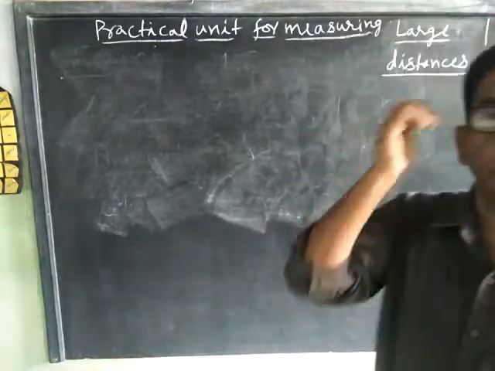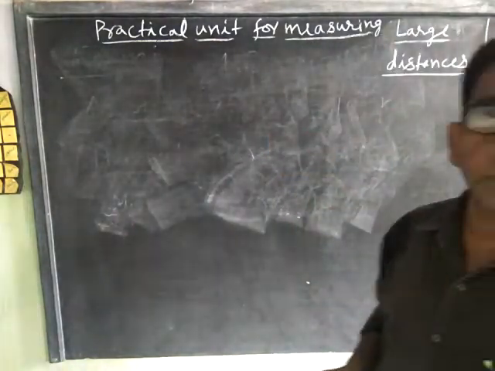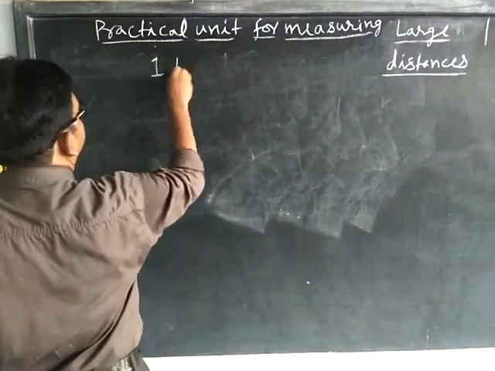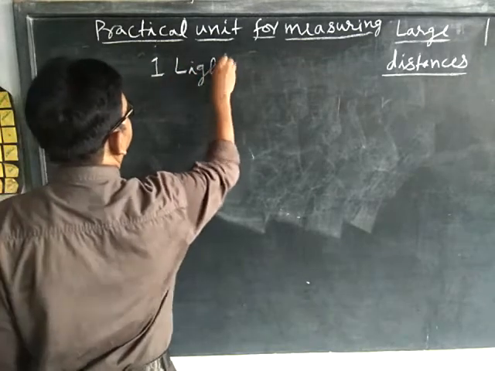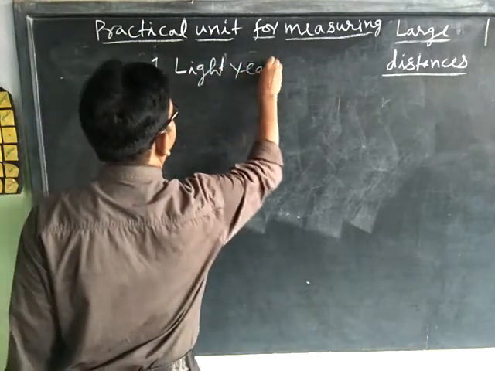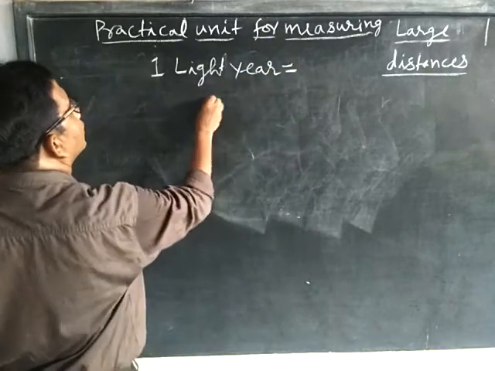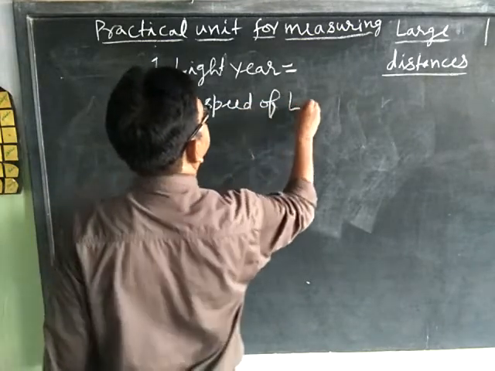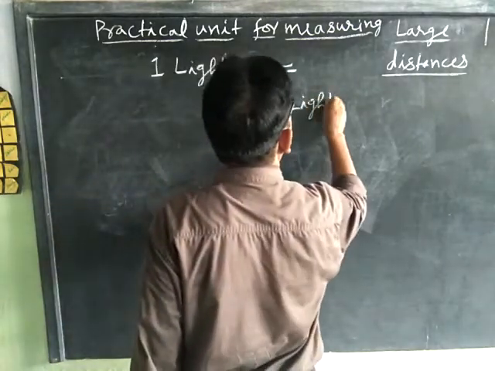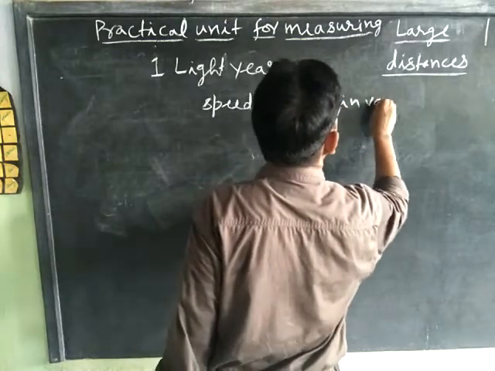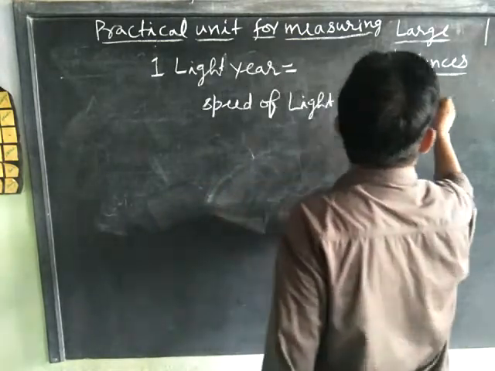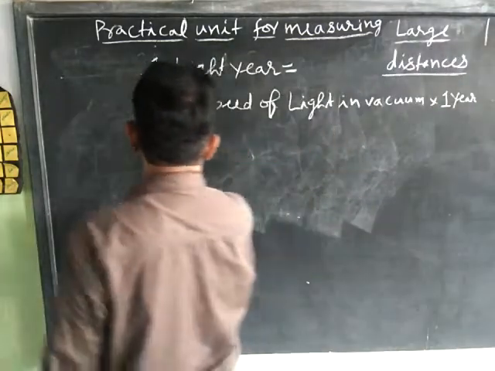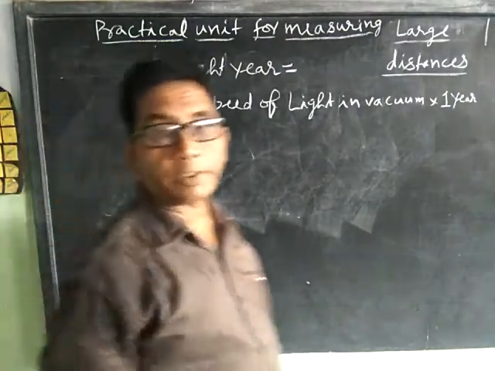1 light year is equal to the speed of light in vacuum into 1 year. What is the speed of light in vacuum?